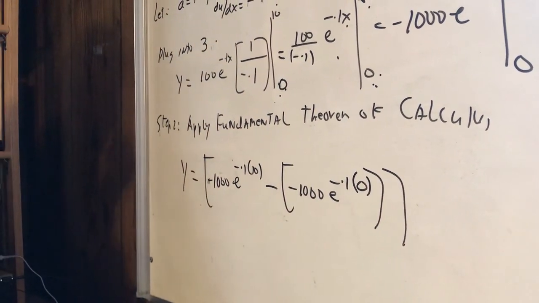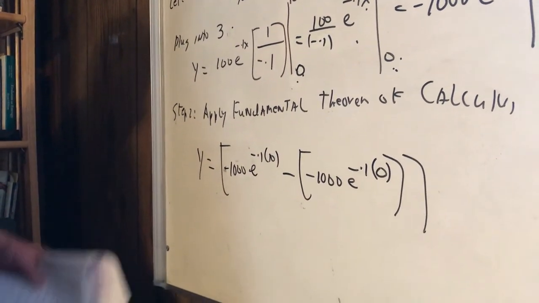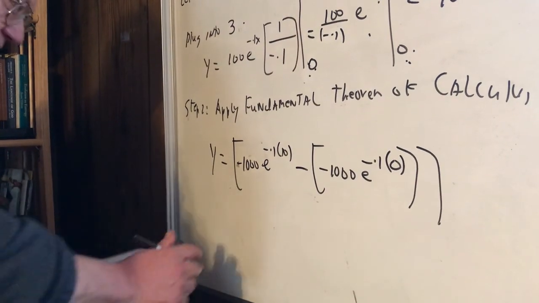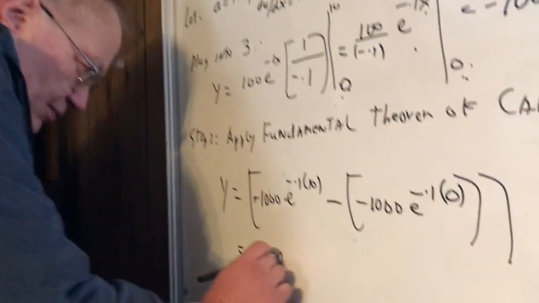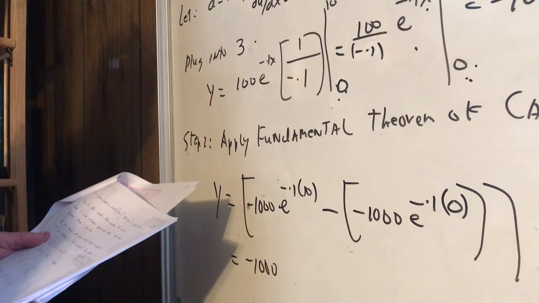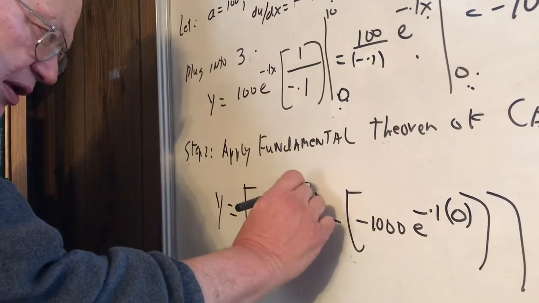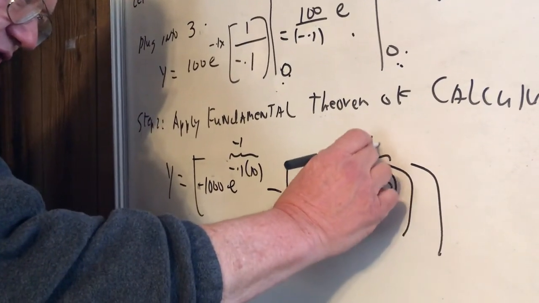Okay? Notice a minus becomes a plus. So when we do this, we get here minus 1,000 e to the minus 1. So this becomes minus 1, and this becomes 0.